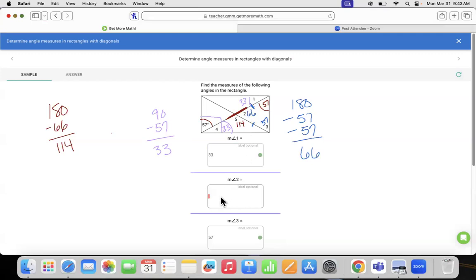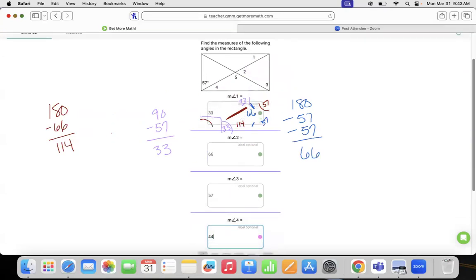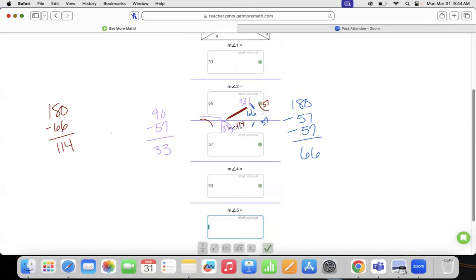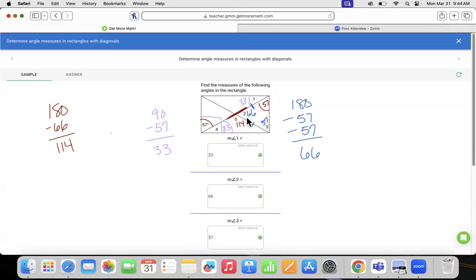And then 2 is 66 because 180 minus the two 57s leaves us 66. And then angle 4, we had already decided that was 33. Oh, look at me typing in the wrong stuff. And then angle 5 is that straight angle. So 180 minus 66 gives us 114.